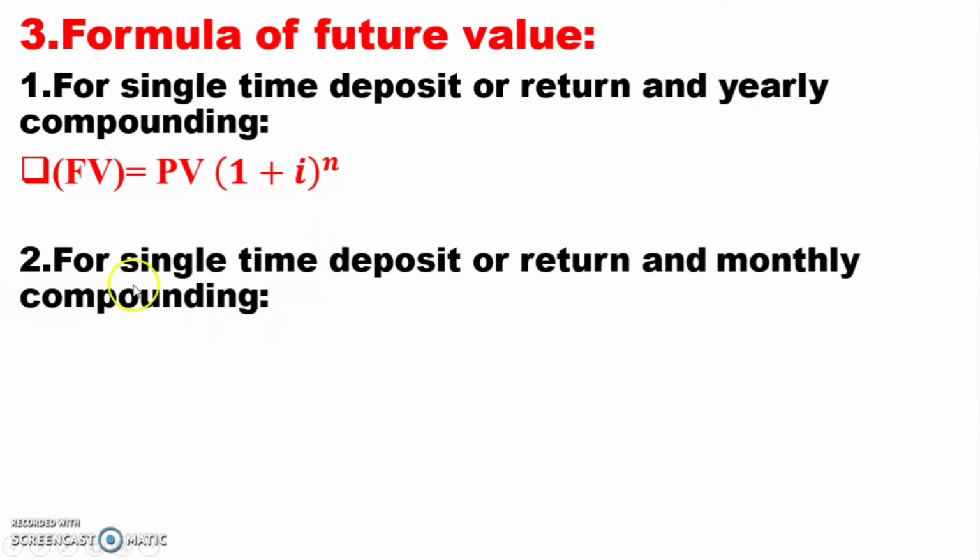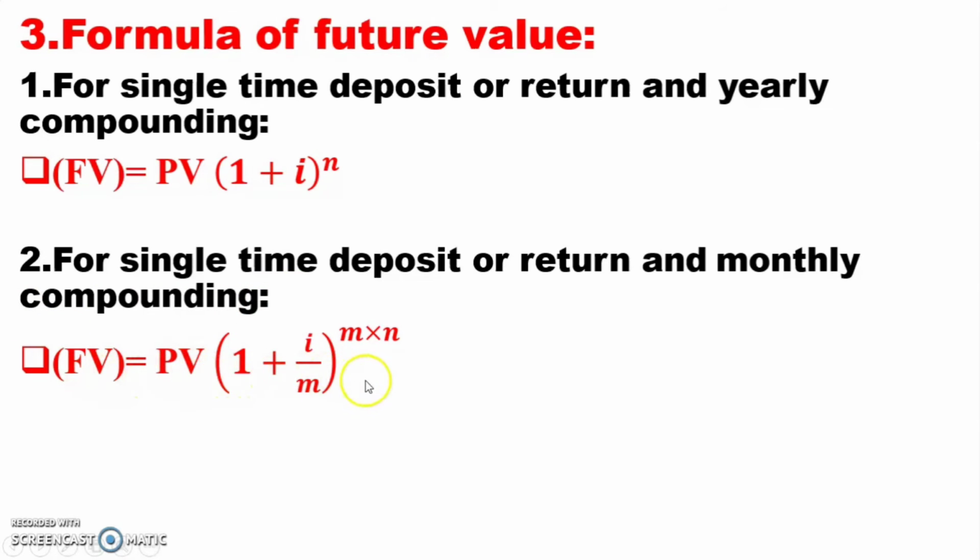And when the compounding is monthly for single deposit or return, then the future value will be PV into (1 plus I divided by m) power m into n. Here m equals the number of compounding in a year. When you solve monthly, quarterly, semi-annually compounding, then we use this formula.